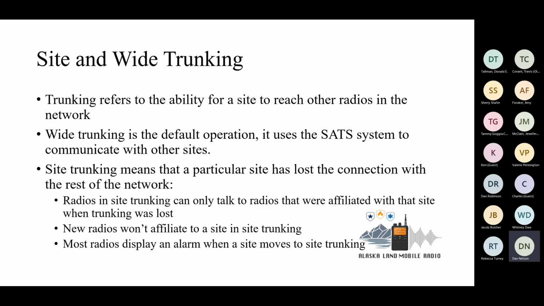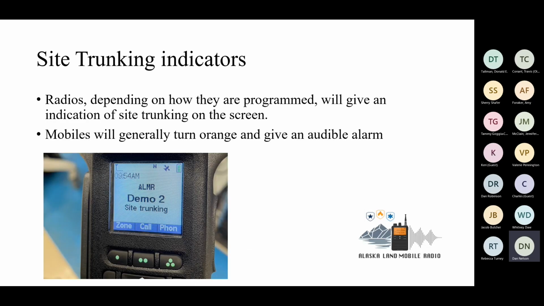If my radio is talking to the Alcantara site, for instance, I can only talk to other radios that were already on that site or affiliated with that site. That generally means I cannot talk back to dispatch because that wide area trunking, that wide network, is gone. Depending upon how the radio is programmed, people might get an indication.